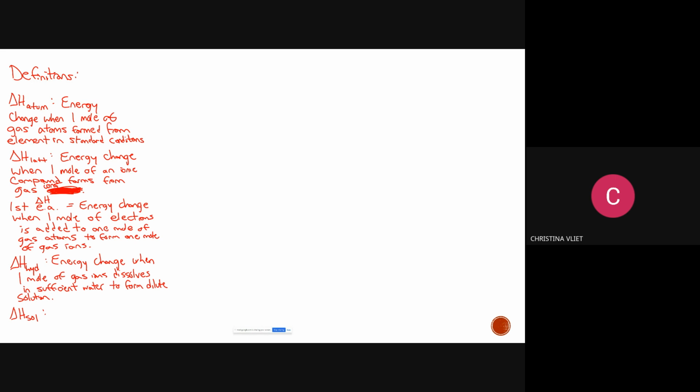And delta H though. This one has a little bit something different because of the fact that energy can be absorbed or released. You have to state for delta H though because it does have an effect on solubility.